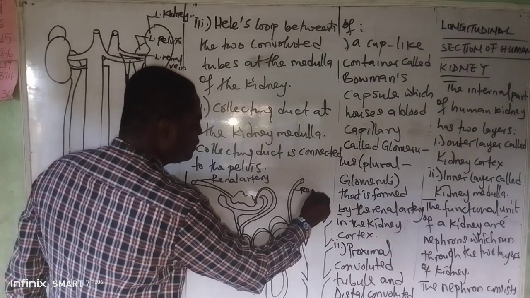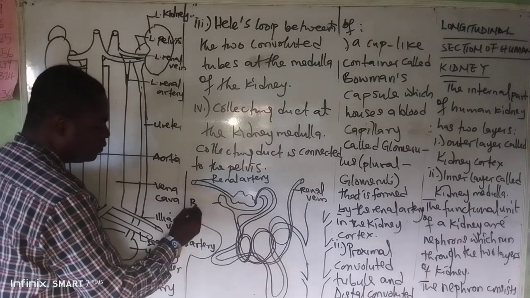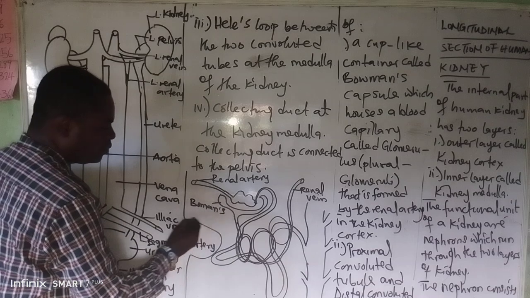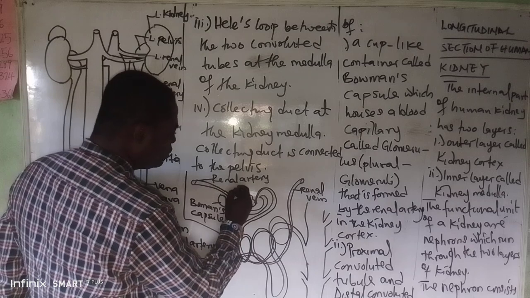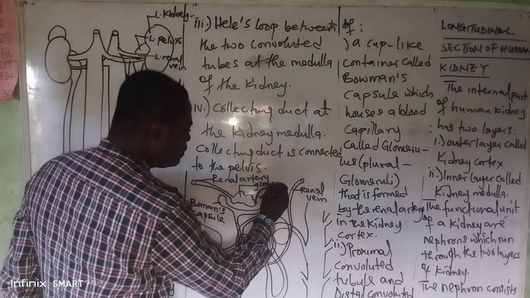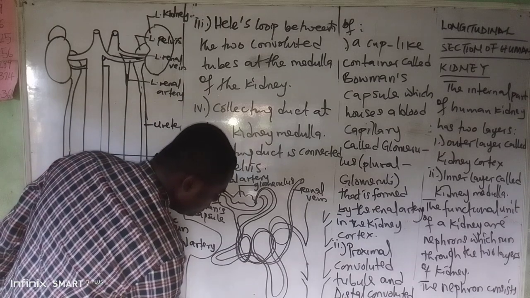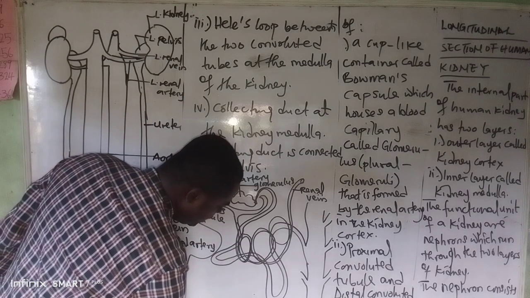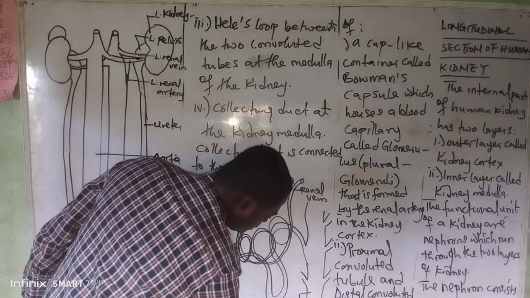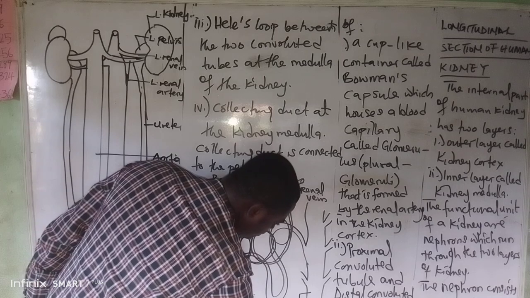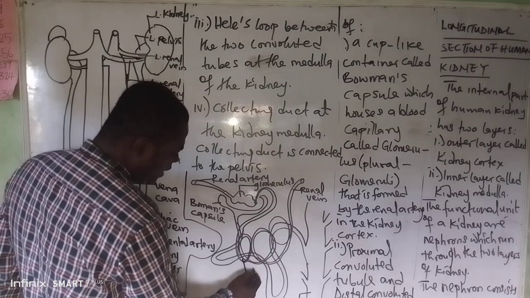This is the renal vein. Then this is Bowman's capsule. This is the glomerulus. This is the loop of Henle. This is the collecting ducts. Now this is the blood capillaries.